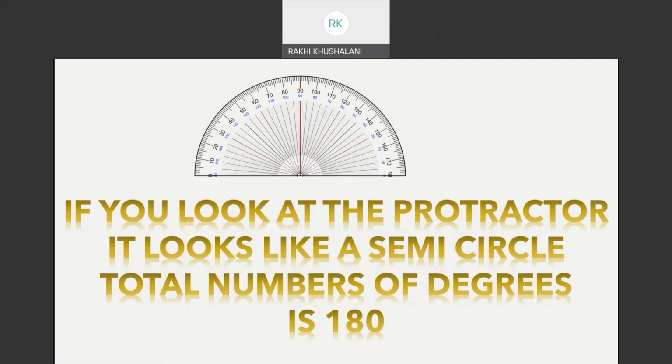One line is towards the top, one is clockwise, one is anti-clockwise. If you see properly, I am showing you through the arrow. This is anti-clockwise, 180 to 0, and clockwise is like this. Okay, clockwise 0 to 180, and this is 0 to 180.